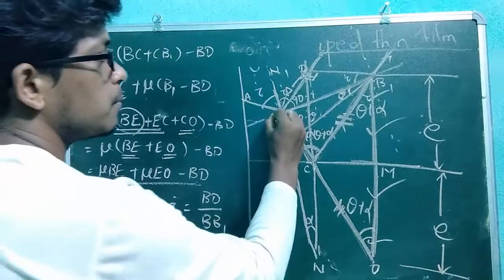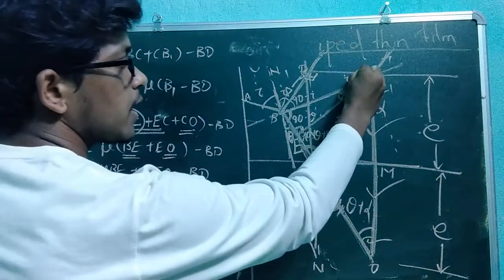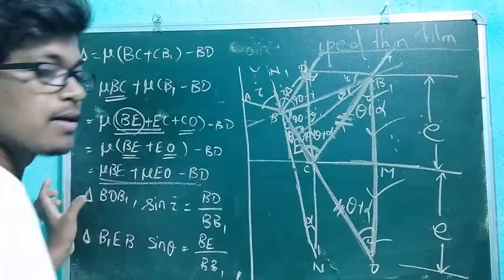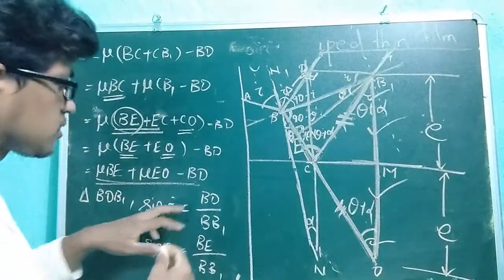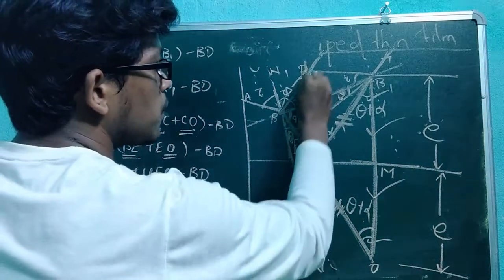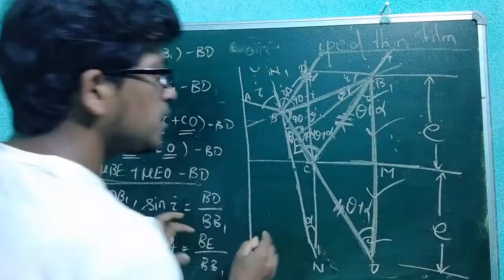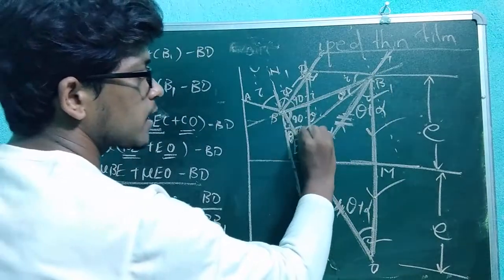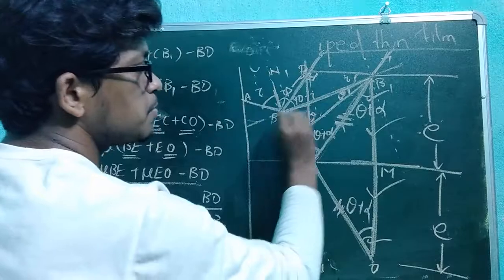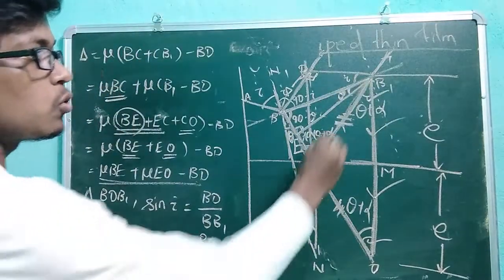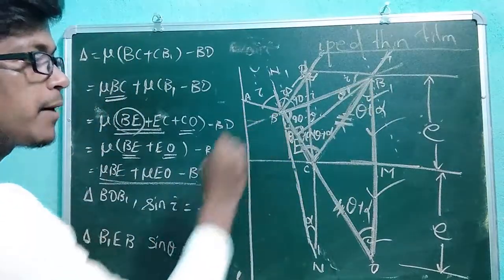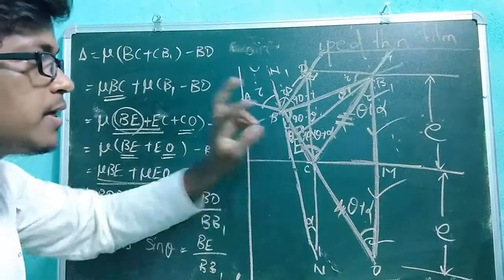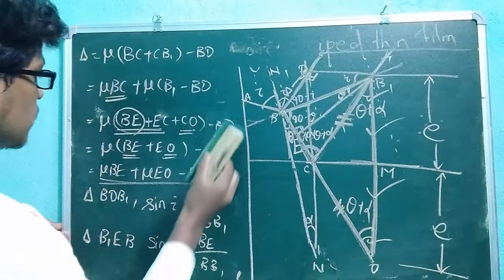So in triangle BDB1, sin I, like sin theta, is perpendicular by hypotenuse, so BD by BB1. The same thing, I will take one more triangle, BB1E. Sin theta will be perpendicular by hypotenuse. Your perpendicular is BE and hypotenuse is BB1. These two expressions I got.